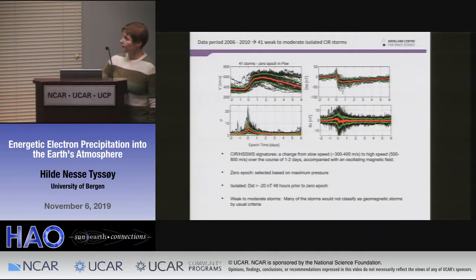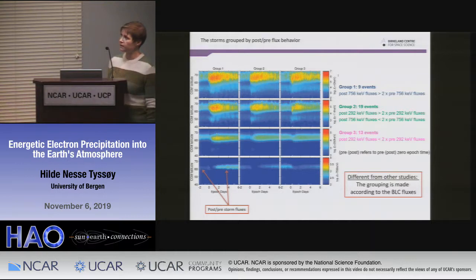As many have done before us, we sort these by how the fluxes compare to the pre-storm level. Because one of the challenges that the radiation belt community has asked themselves is that, when a CIR storm comes, sometimes you get an increase in the radiation belt, sometimes you get a decrease, or maybe not a change at all.